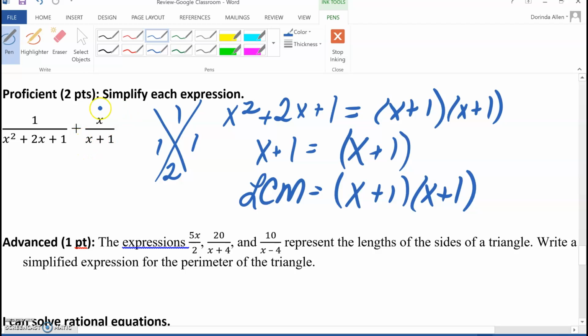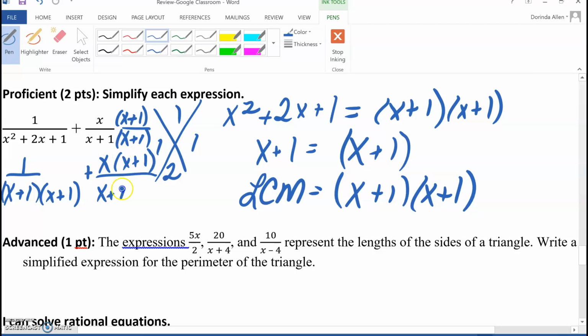And this one only has one x plus 1, so it needs another x plus 1. And again, we have to do top and bottom. So then that gives me 1 over, I'm going to go ahead and write this in the factored form, x plus 1 plus x times x plus 1 over x plus 1, x plus 1.